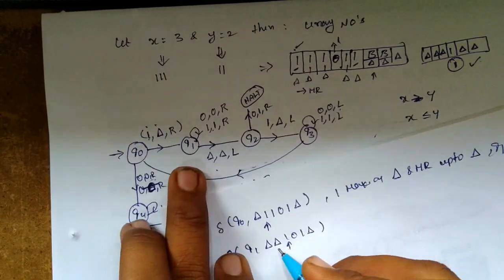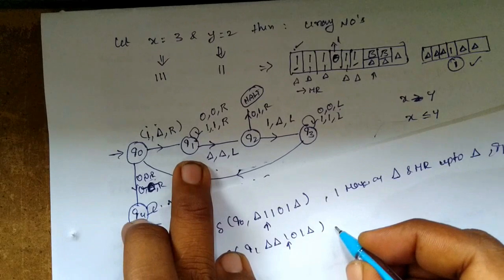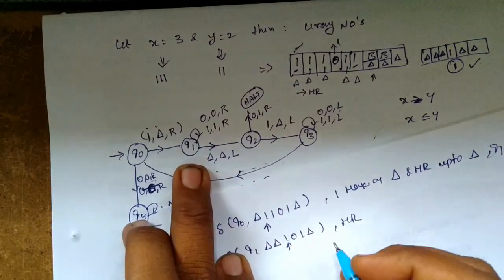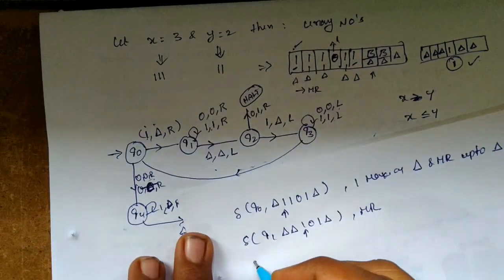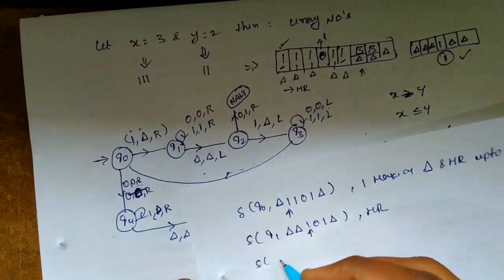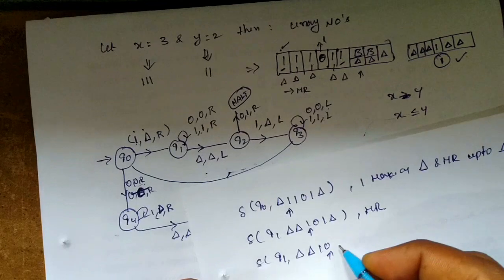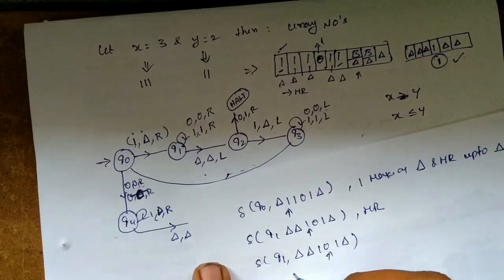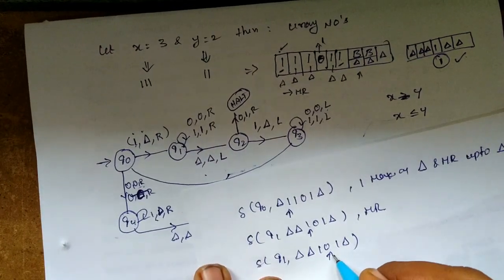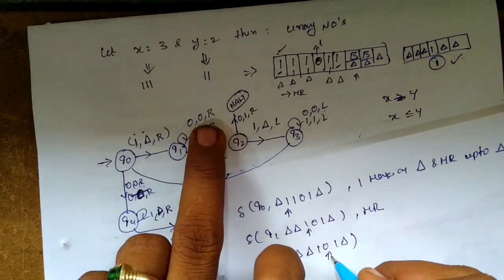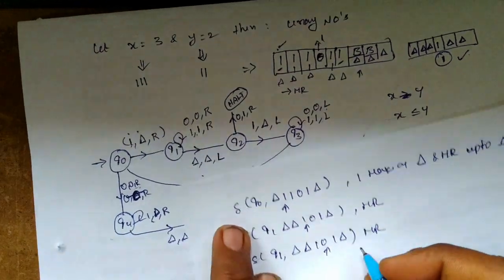Now we are at Q1, the input is 1, so move right. So del of Q1, del 1 0, the header is here at 1 del. The current state is Q1, the input is 0, so move right, no change.